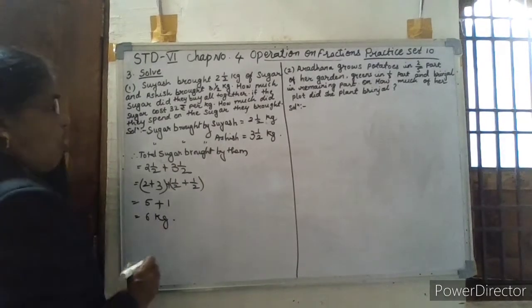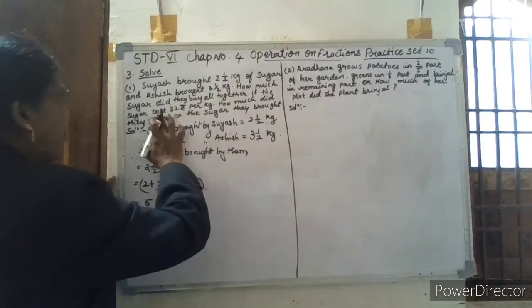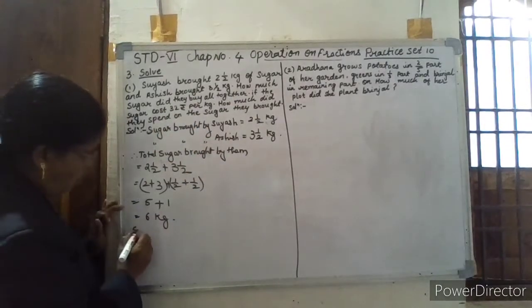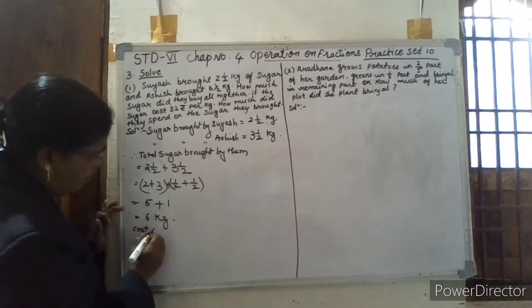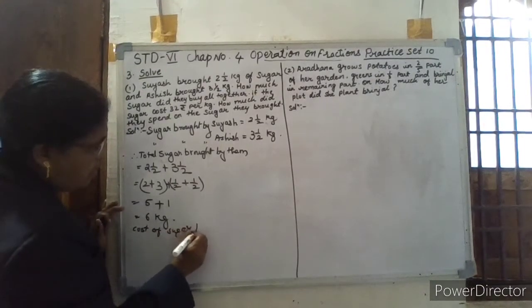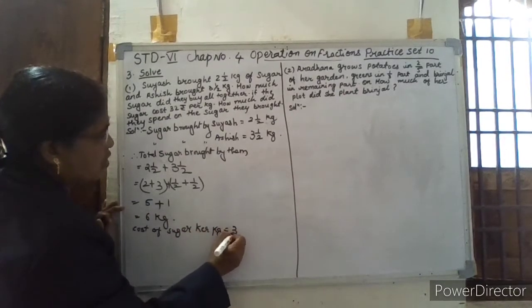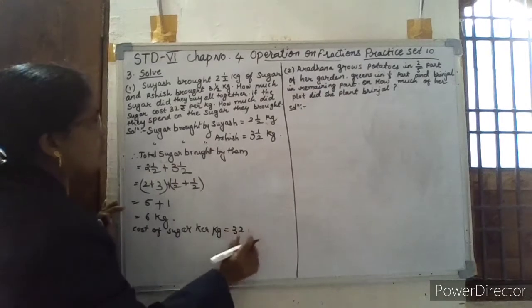Now, what is the cost of sugar per kg? So, cost of sugar per kg is equal to 32 rupees.